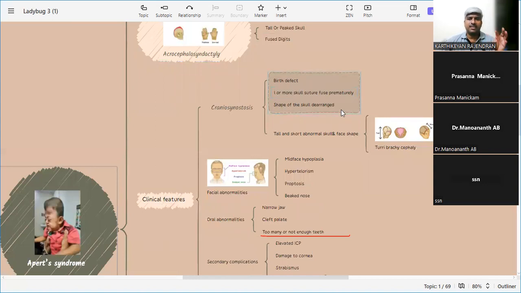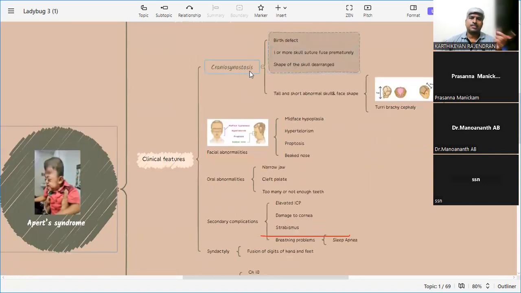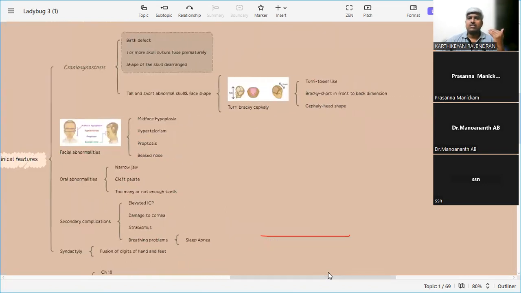The shape of the skull is deranged because of premature skull suture line fusion. So the patient develops a tall and short abnormal skull and mid-face abnormality, known as turribrachycephaly. Turri means tall, tower-like, and brachy means short in front-to-back dimension, and cephaly means head shape.